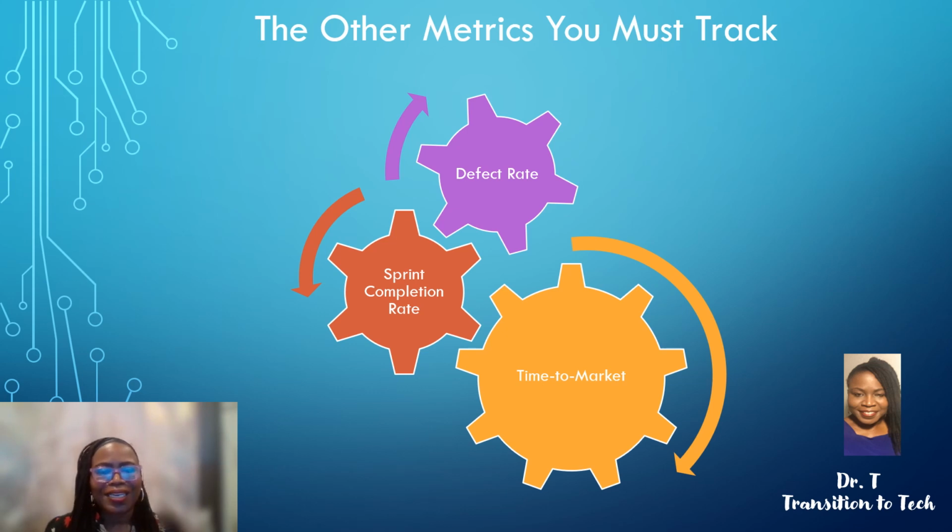The defect rate is the percentage of production output that falls below quality standards. So essentially, they're saying here, how much of the work that you're doing is falling below the acceptance criteria, because all user stories have a set of acceptance criteria. So how much of that backlog that you have committed to and delivered is requiring rework?